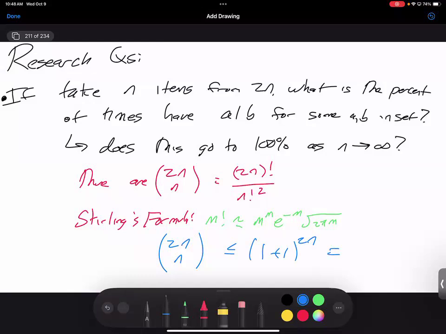So we know 2n choose n is at most 2 to the 2n. With a little bit of work, you can actually show that this is the largest term. And so this is going to be greater than or equal to 1 over 2n plus 1, times 2 to the 2n. So this gives you a really quick estimate of how quickly the number of subsets is growing.